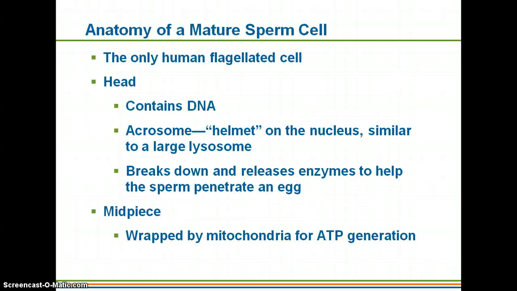The sperm is the only human cell that has a flagella. Like I said before, the head is going to be where the DNA is found. The acrosome is going to be the helmet that is going to help break down the outside part of the egg so the sperm can actually penetrate it. Talked about the midpiece, which is going to have the mitochondria for energy production.